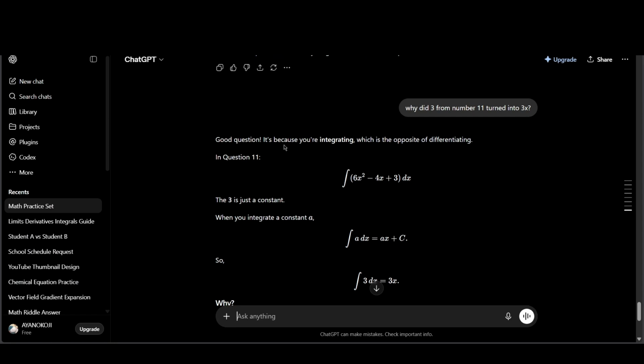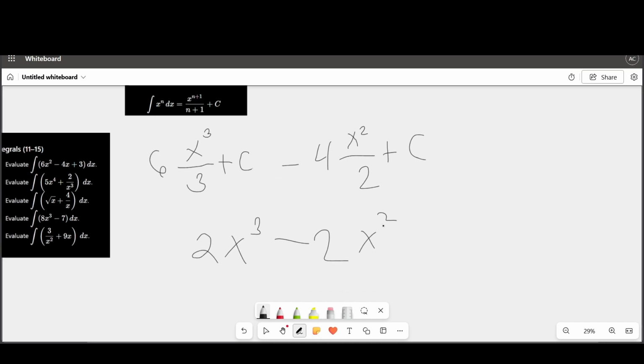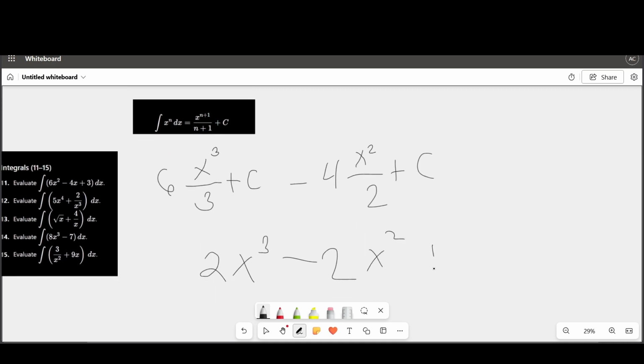Oh, okay, so when you integrate a constant, you always have to multiply it with an x. That's why there's an x, 3x plus c. The constant is going to be constant c, and that's the final answer.